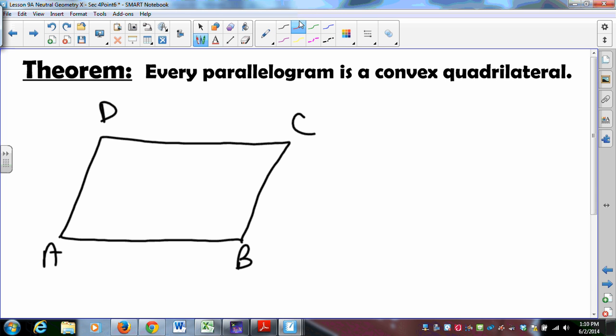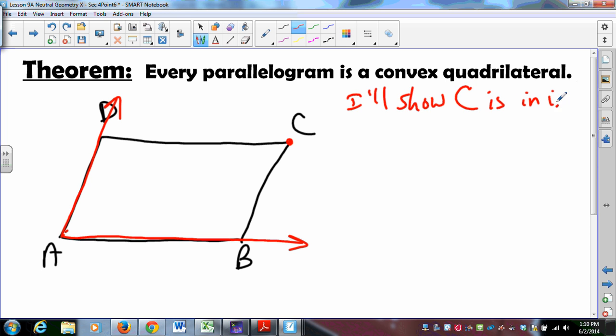Without loss of generality, I'll show C is in the interior of angle DAB. And if I can show that C is in the interior of its opposite angle, then I can show that any of the vertices is in the interior of its opposite angle, and then we have a convex quadrilateral.